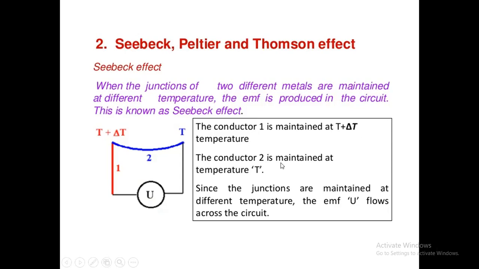Conductor 2 is maintained at temperature T. You can see the blue conductor is the second conductor, and the first one is the hot conductor. Since the junctions are maintained at different temperatures, the EMF flows across the circuit at this side.